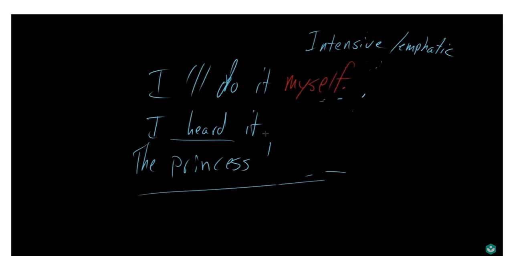And if you want to emphasize that you were there and you heard something happen, you would say, I heard it myself. And if it's really crazy that the princess is running this marathon, then you would say, whoa, the princess herself will be there. And that's nuts. And that's the intensive or emphatic pronoun. That's how you use it. You can learn anything. David out.